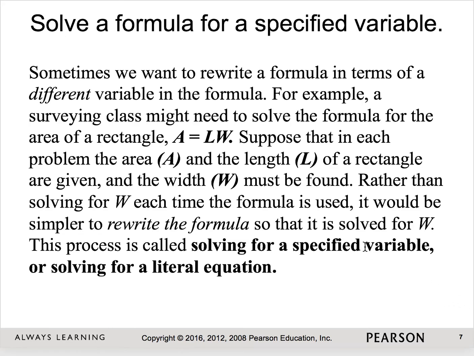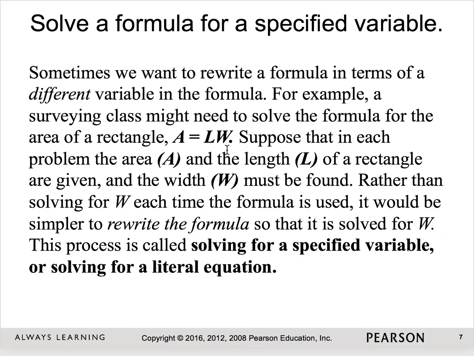Okay, solving a formula for a specified variable. Sometimes we want to rewrite the formula in terms of a different variable in the formula. For example, a surveying class might need to solve the formula for the area of a rectangle, which is A equals length times width.